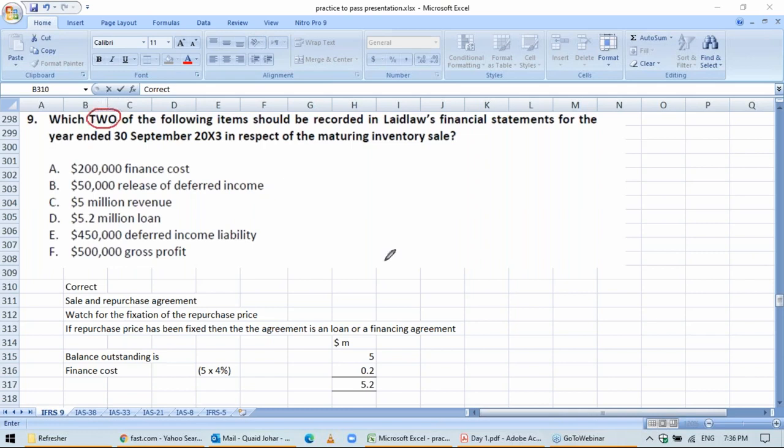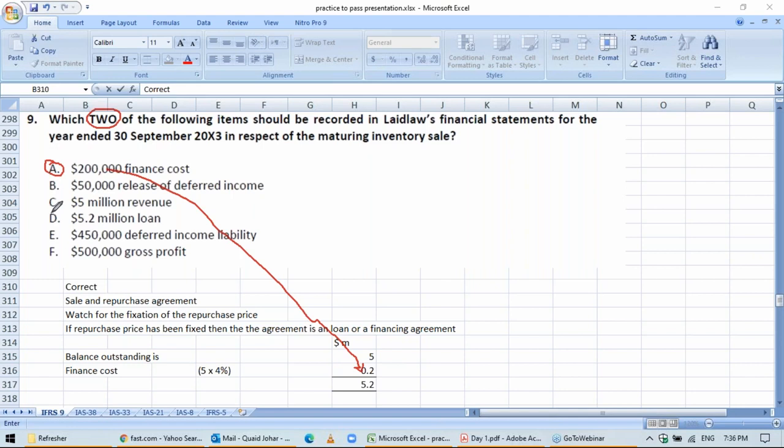You have to select two items. So if you go through the options, option A is correct: 200,000 financial charge, 0.2 million.